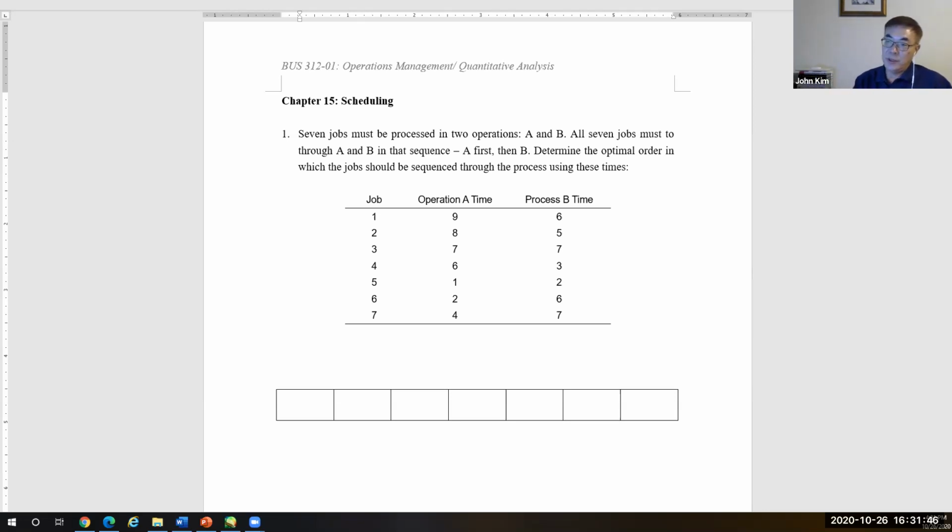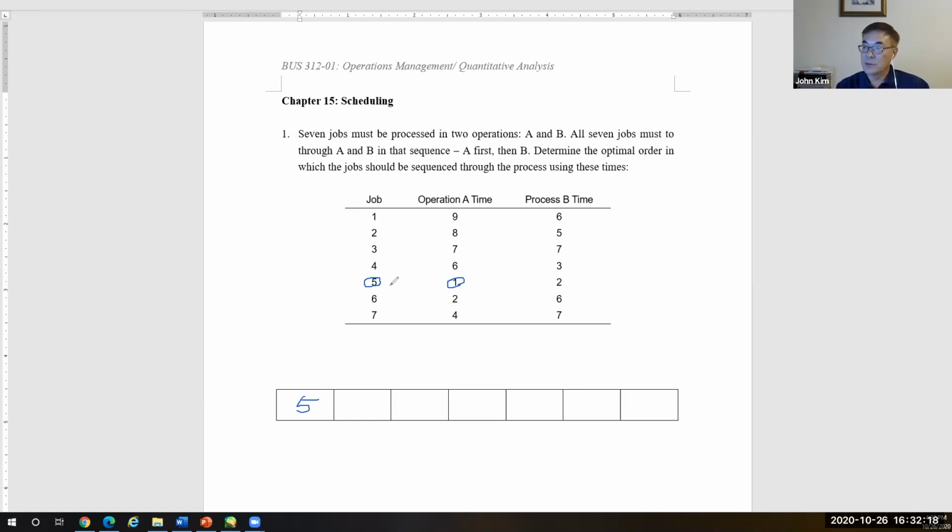Okay, I will give you the answer. Let's do it together. Among them, this one is the shortest. So job 5, and this one is for the first machine, first operation. So place job 5 first.